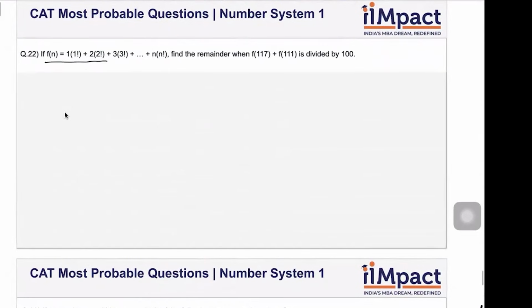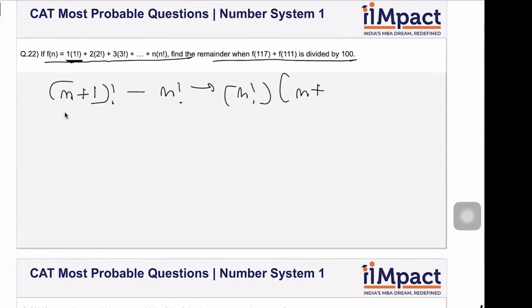So Fn is 1 factorial, 2 factorial, and so on, and we have to find the remainder when this is divided by 100. The best way to do this is to realize that the series given to you is n plus 1 factorial minus n factorial, because when you take n factorial common here, you will be left with n plus 1 minus 1, which is n into n factorial, which is exactly what is given to you.